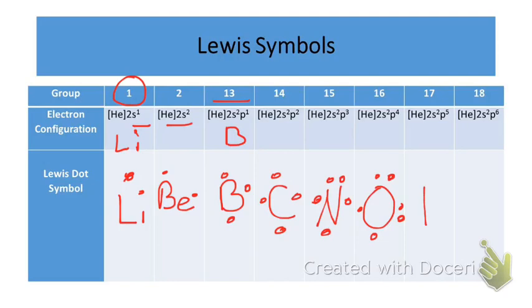Then we go to fluorine, and it's going to have 7 dots: 1, 2, 3, 4, 5, 6, 7 to represent its 7 valence electrons. And then finally we get to our noble gas, which is neon. Neon has 8 valence electrons. It has a complete full shell, and so it should have 8 dots around it: 1, 2, 3, 4, 5, 6, 7, 8. Just like that. So that's how we write the Lewis symbol for these elements.